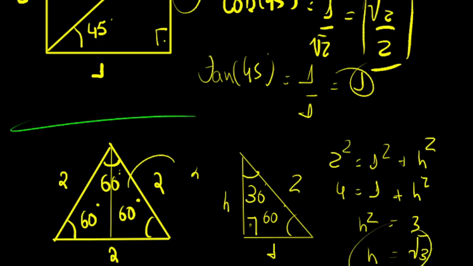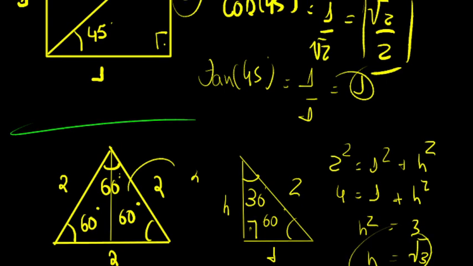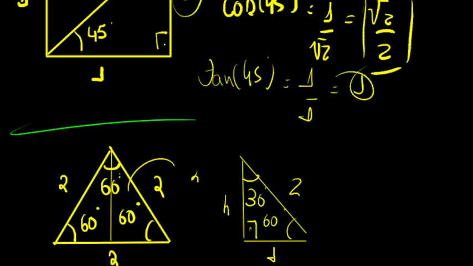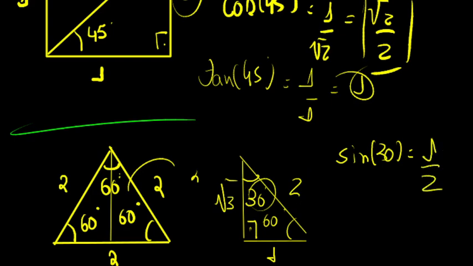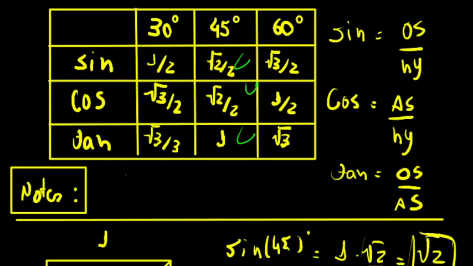So let me get some space here. The height is the square root of 3, and we get sine of 30 is equal to, let's take this angle, the opposite side divided by the hypotenuse. It's exactly 1/2. So let's verify this.